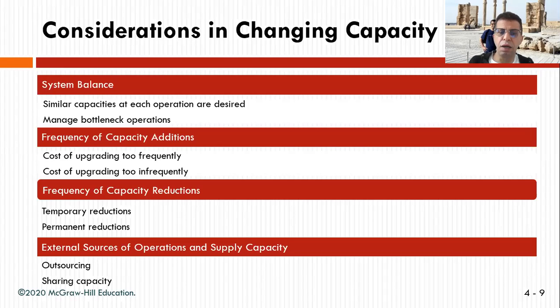And the second thing is the frequency of capacity reduction. This is the reverse thing. When you have a temporary reduction, how quickly you temporarily reduce, or whether there are permanent reductions.